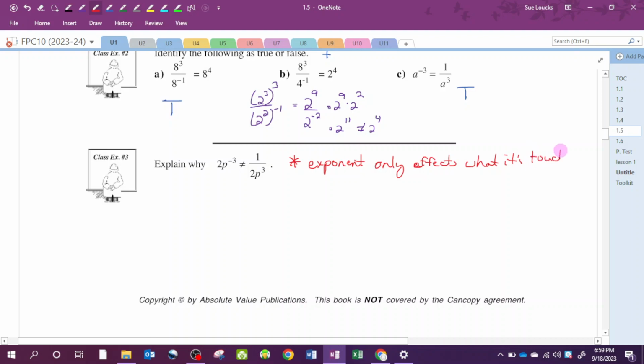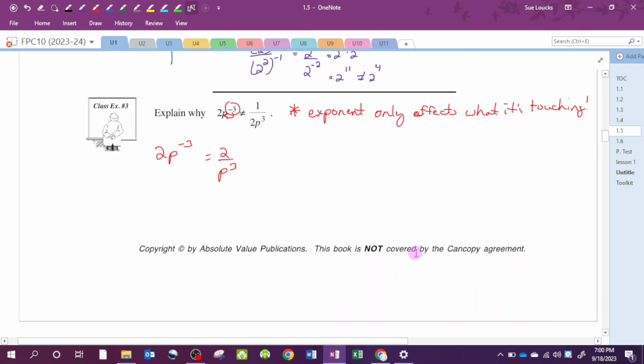And that's really important, because this negative 3 is only touching the p. It is not touching the 2. So 2p to the negative 3 is 2 over p cubed, right? Because the negative 3 is only affecting the p. Okay? So there you go.